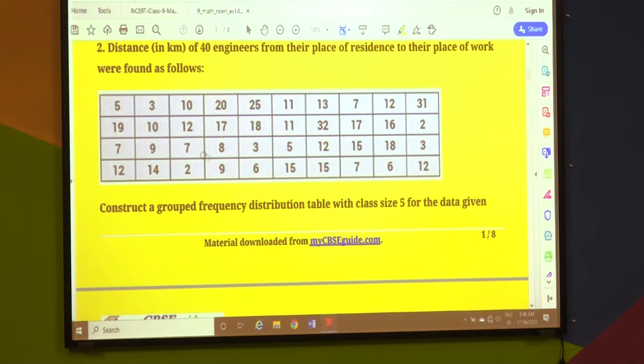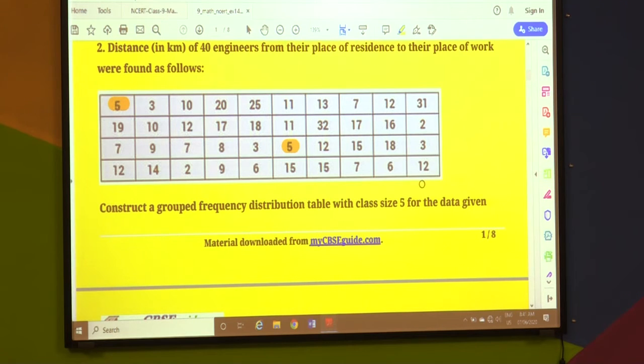For example, if we take the very first value, 5, it is present only once in this column. 5 is not present here, not here, not here, not here. The second 5 is present here. So one 5 is present here, the second 5 is here. Then again 5 is not there.